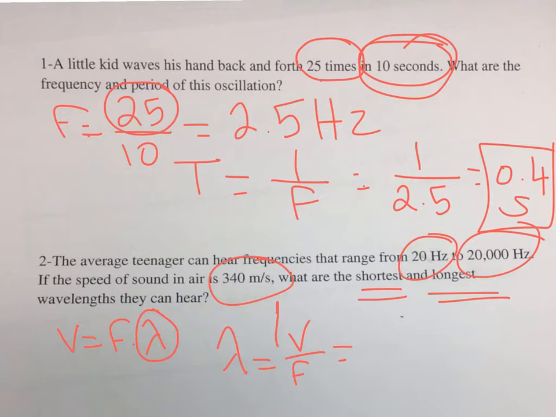So we have two frequencies that we're looking at, but we have the same velocity, and we are being asked for the shortest and the longest. For the shortest, we use 20, and for the longest, we use 20,000. So 340 meters per second divided by 20 will give us the shortest, which is 17. What is the unit?